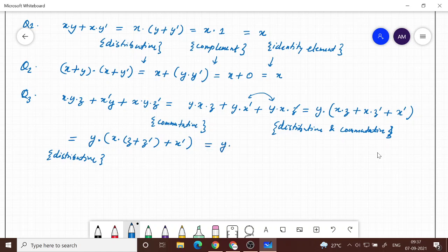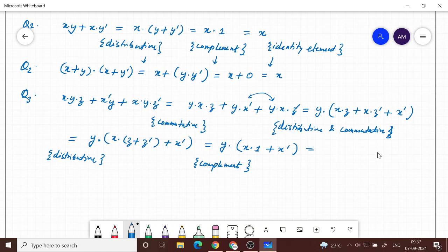Then y dot x z plus z dash, z plus z dash is 1, and that is by which property? Definition of complement. And then I apply the identity property.